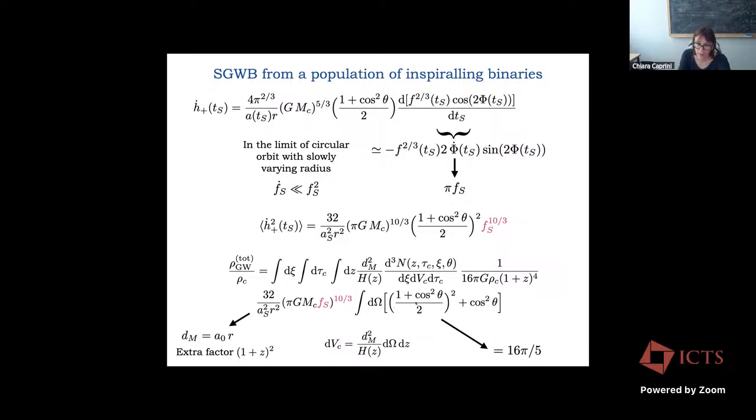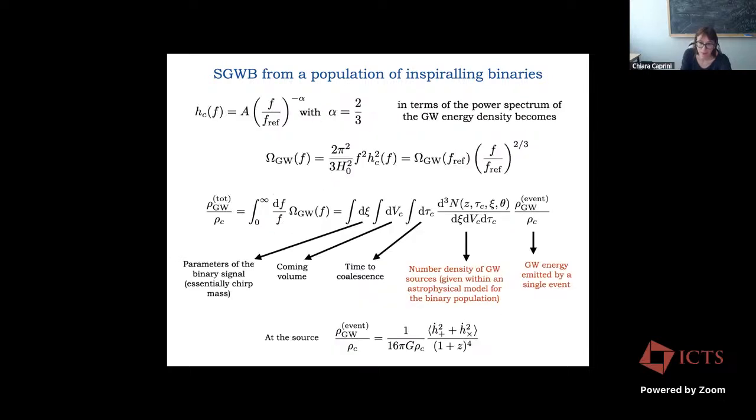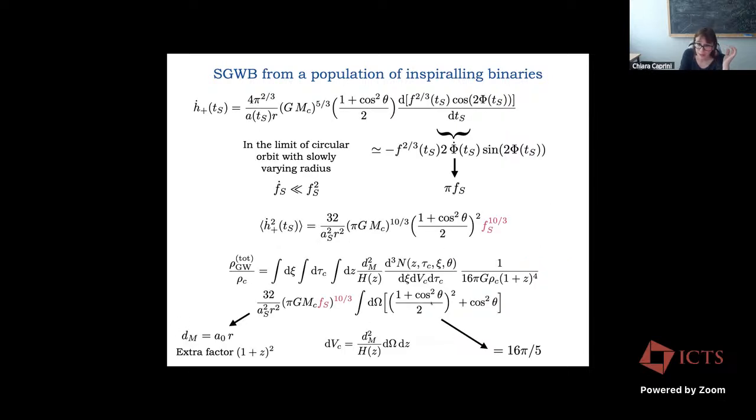So here, basically, this is the dependence. The inclination angle enters for each event in this quantity. This is how the plus and the cross polarization depend on the inclination angle for one binary, where theta is the inclination angle for one binary. And then you want to average this uniformly, as you said, assuming that it is uniformly distributed over all the sky.